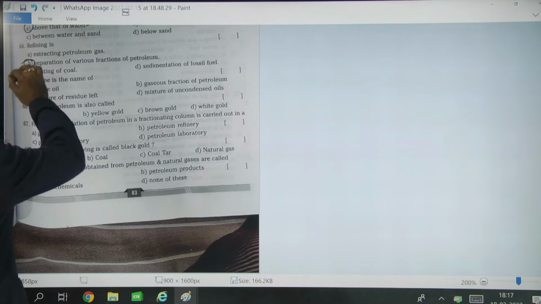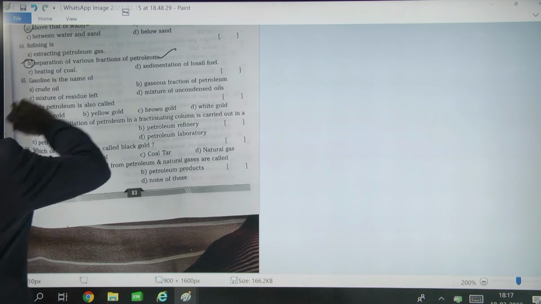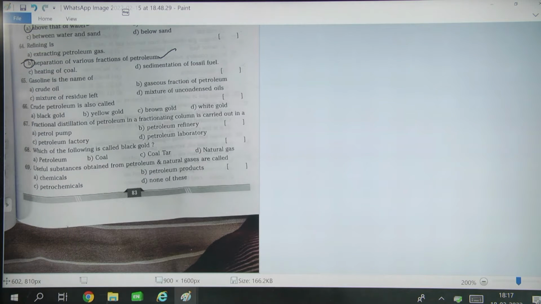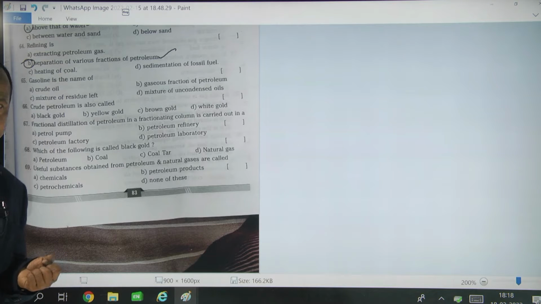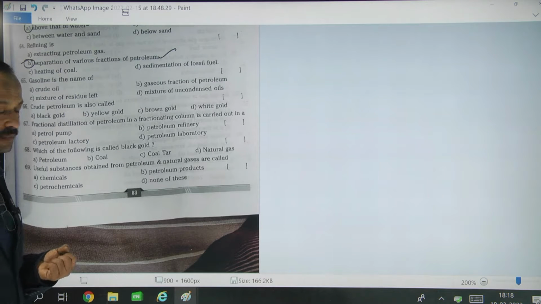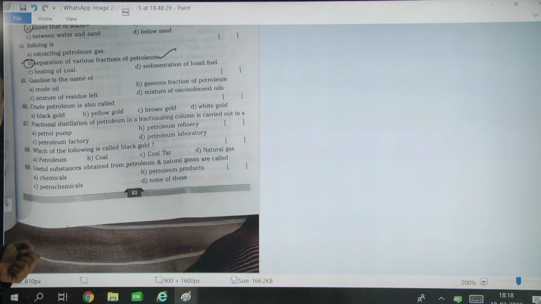Separation of various components or fractions of petroleum. Good. What is gasoline? Crude oil, gaseous fraction of petroleum, mixture of residue left, mixture of uncondensed oils. In this, what is the right answer?